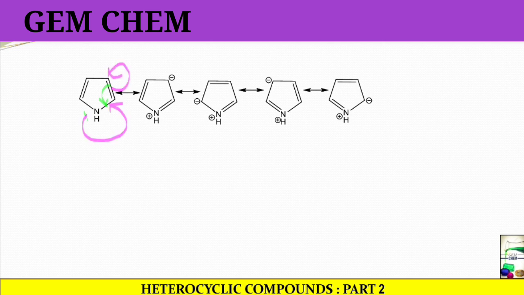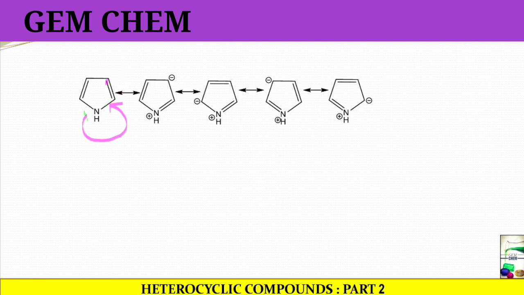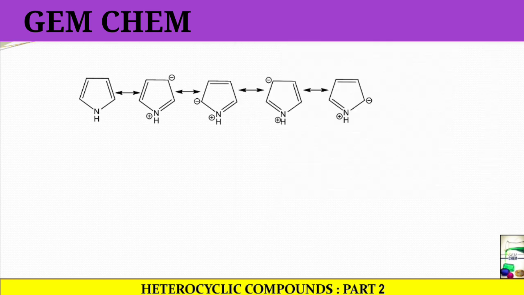So which one has occurred? Since negative charge has come on the second carbon, so the pink one has occurred. We can say that from nitrogen, lone pairs are being donated to the next part, as a result of which this bond has opened up, right?